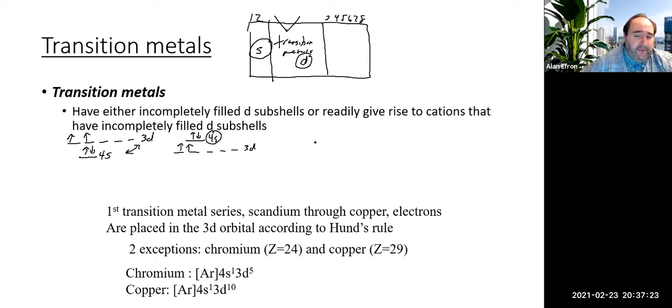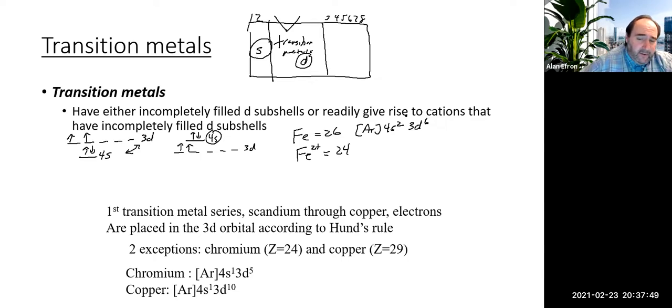So the example that I did there at the end was iron. Iron has 26 electrons, and as we just did, that would be argon, 4s2 3d6. When it makes a +2 charge, it means it lost 2 electrons, so it would go to 24.